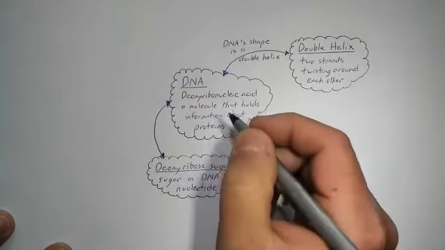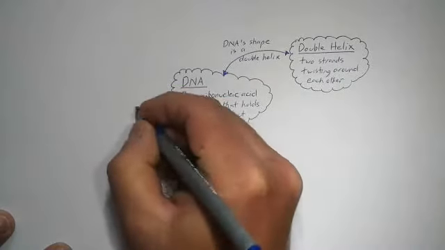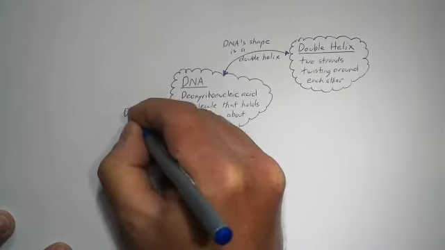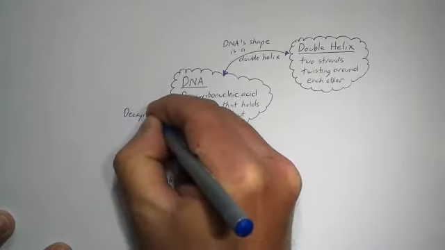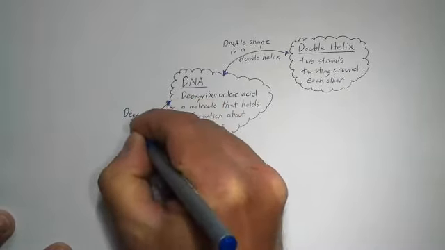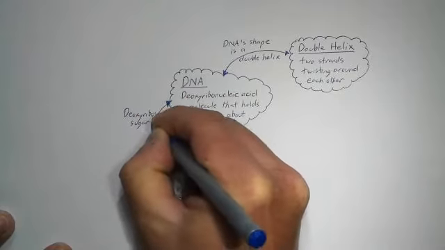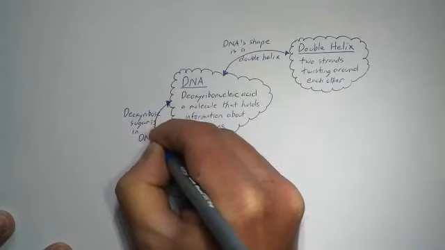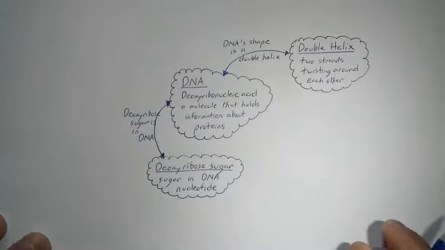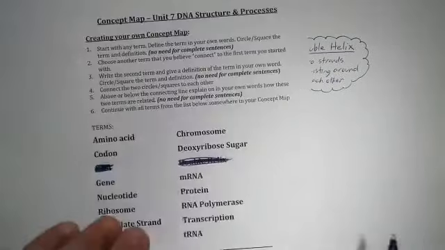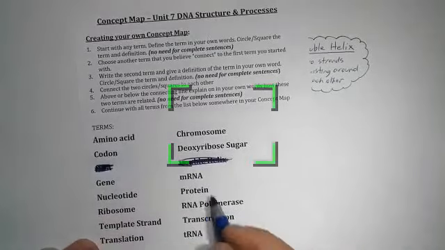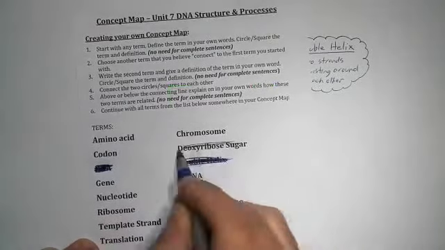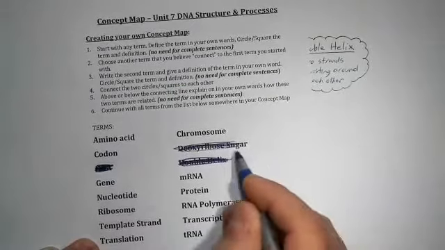So, deoxyribose sugar is in DNA. Okay. Go back to my list. Sugar. Cross that off. Now that one's done.